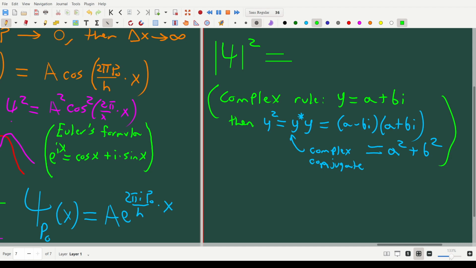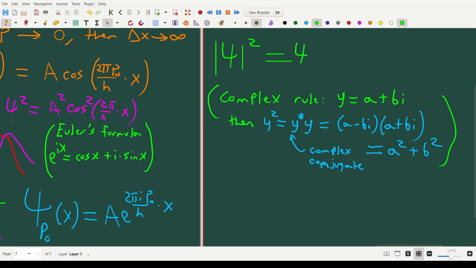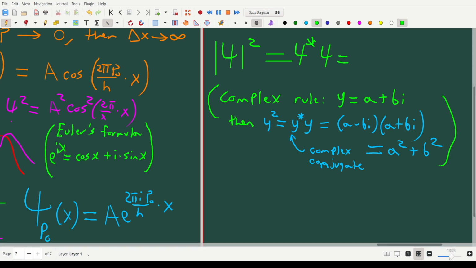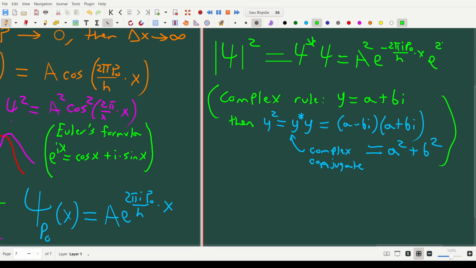So what is psi squared here using this rule? Well, we're going to take the complex conjugate of psi and multiply it by psi. Again, for the complex conjugate, I take the i and make it negative i. I'll just do the math: it's a squared, there are two factors of a, times e to the minus 2 pi i p naught over h times x, times e to the 2 pi i p naught over h times x.